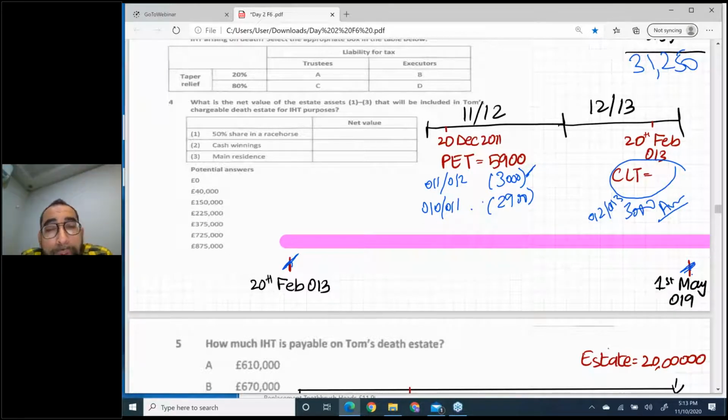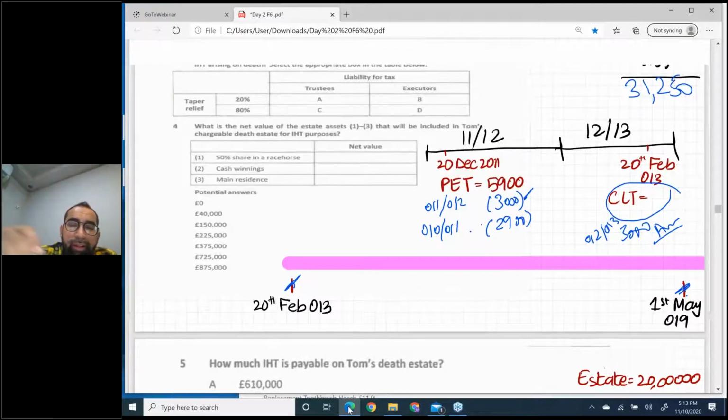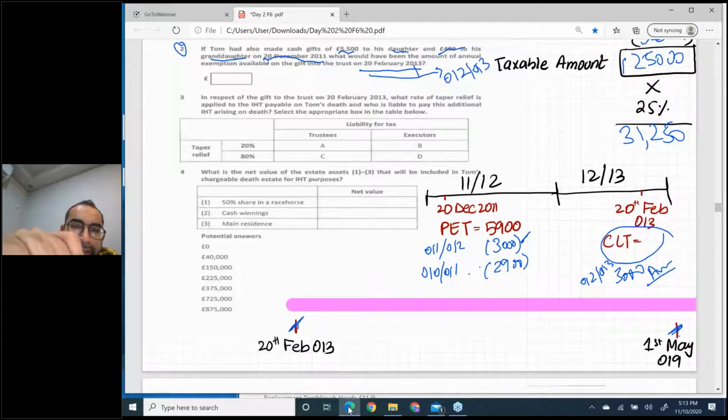And I hope you remember these rules of payments. Who is responsible to pay additional IHT on CLT? The trustees. Trustees normally pay. So taper relief rate is 80% and trustees.